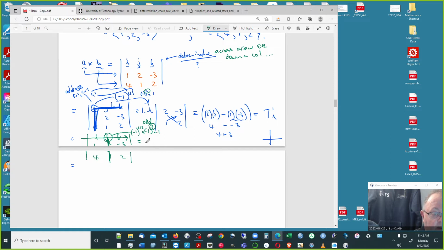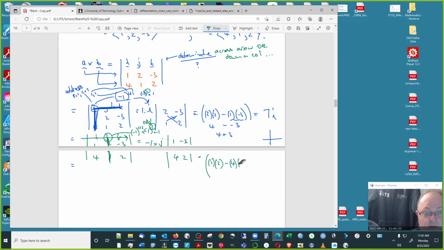So down here we're going to write minus 1 times j submatrix. 1 minus 3, 4, 2. Okay, and then what we'll do is we'll put 1 times 2 minus 4 times minus 3.